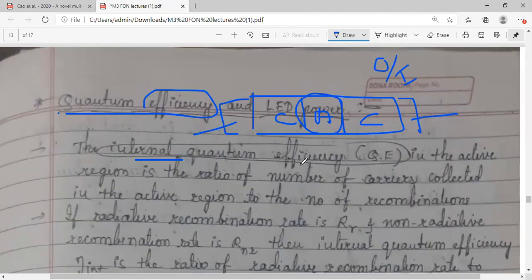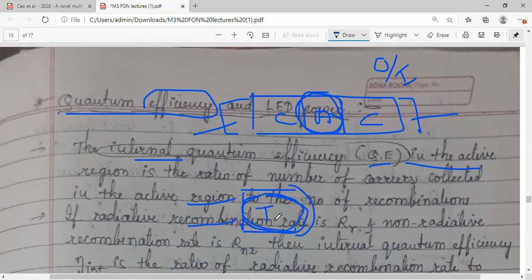So let us see what internal quantum efficiency is. That is IQE, or QE simply, in the active region. So internally, how efficient it is to produce the light. If this is your LED, internally how much it is capable of giving you light.